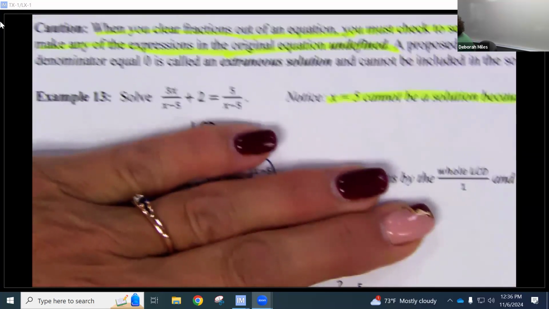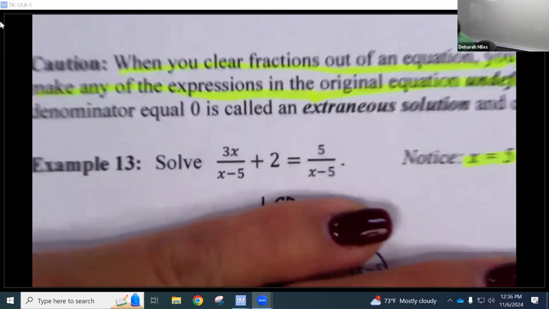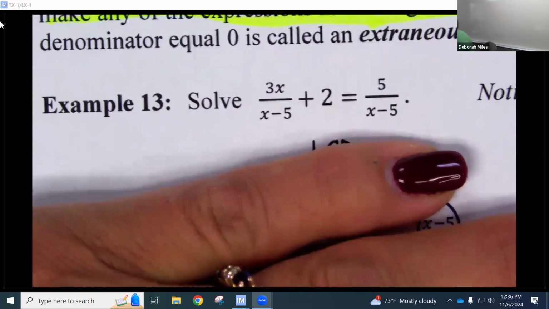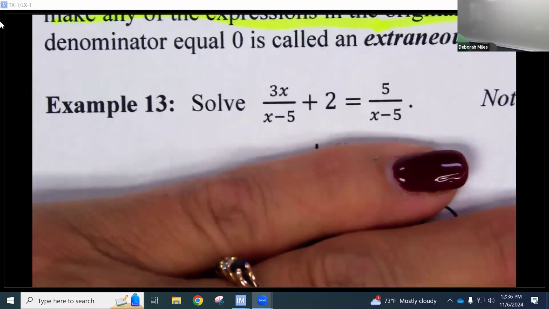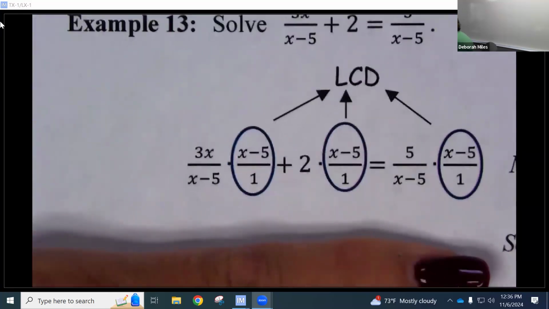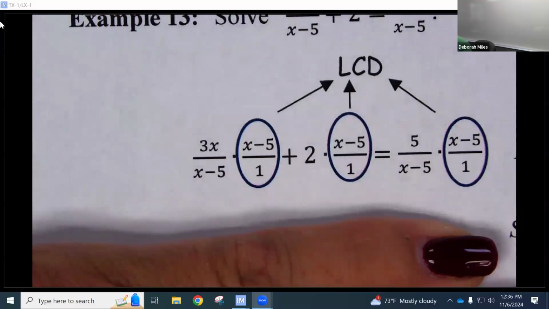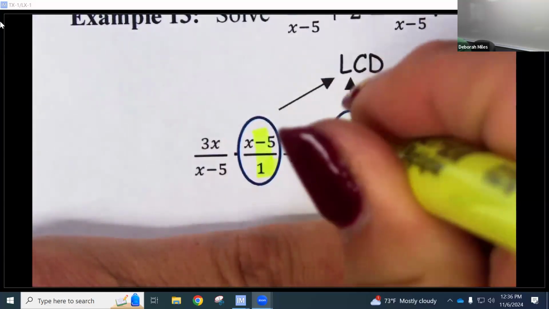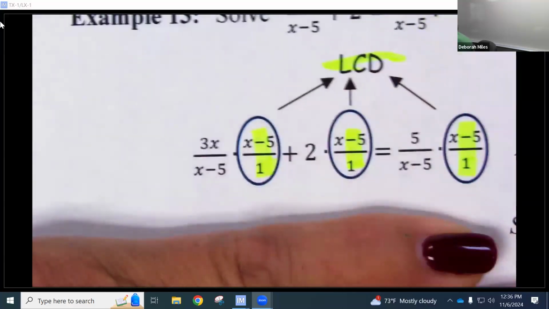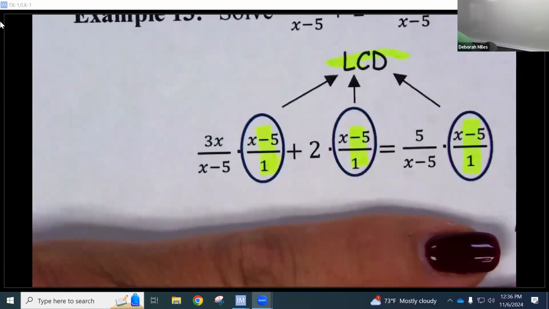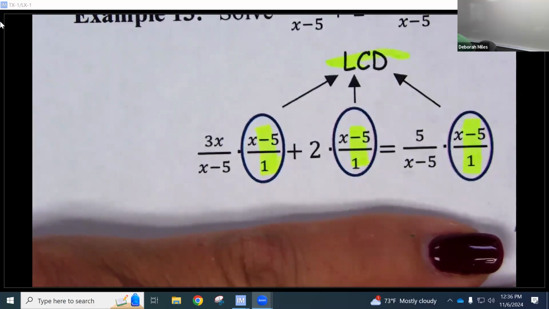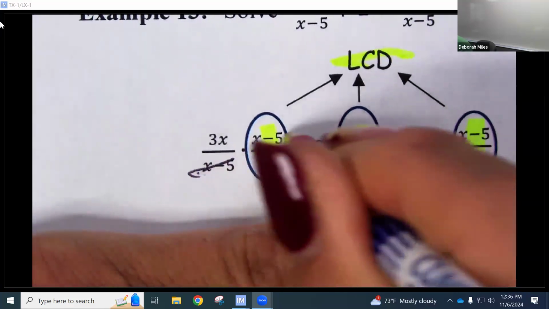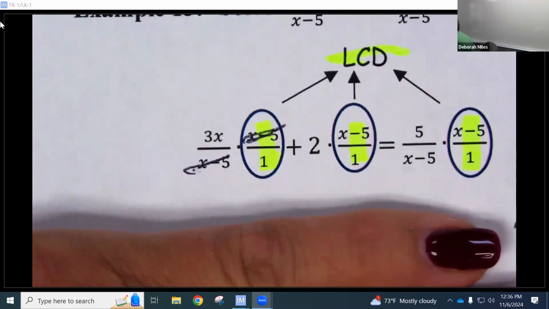What's the LCD of all the fractions? Well, the LCD is x minus 5. So I'm going to multiply all 3 fractions by x minus 5 over 1. Multiply all 3 terms by the same thing. Because what that allows me to do in the first term, I can cancel the whole x minus 5s.